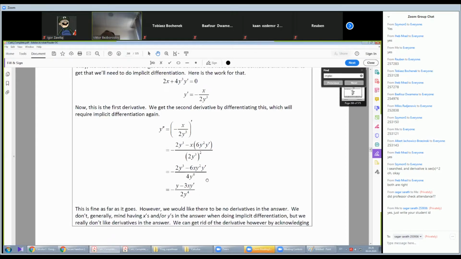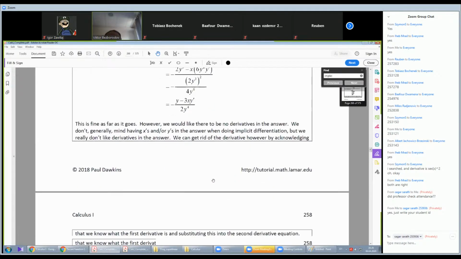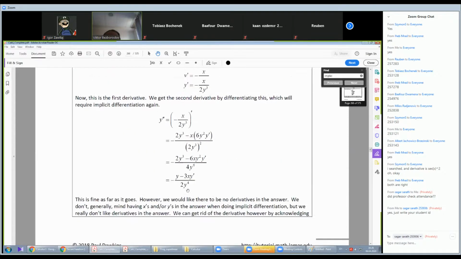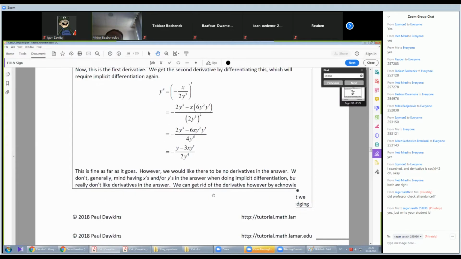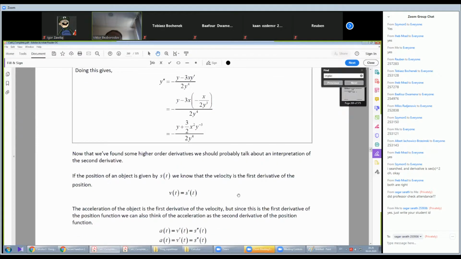And then you can continue this process and find all the derivatives, once again in terms of x and y, not only as functions of x, but as expressions of x and y, because y prime comes here as an expression of x and y.